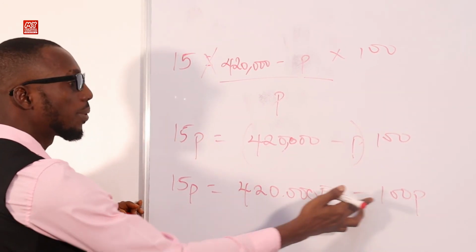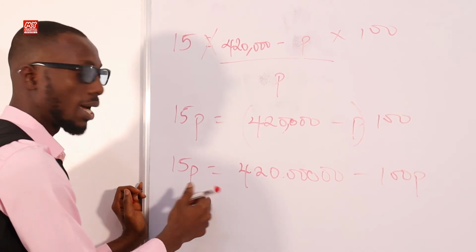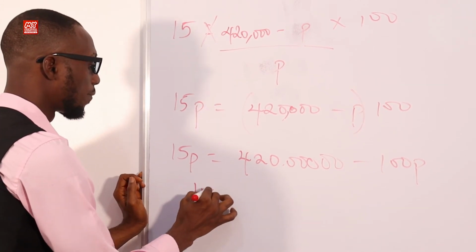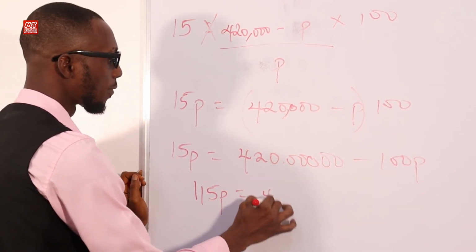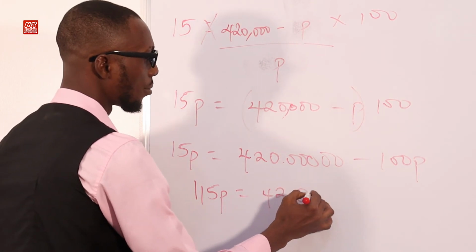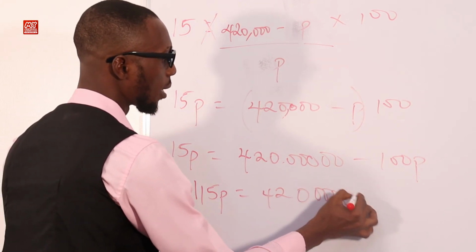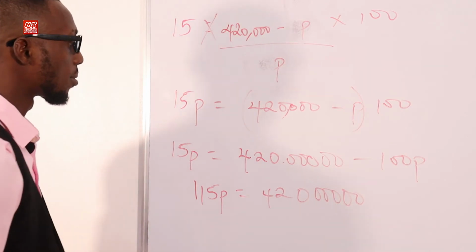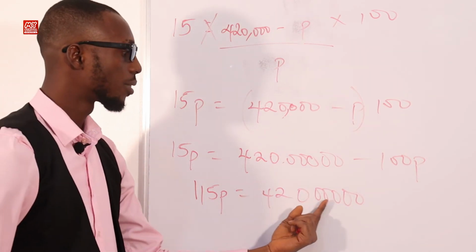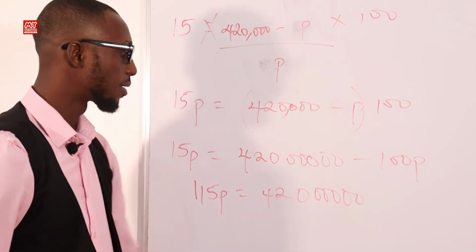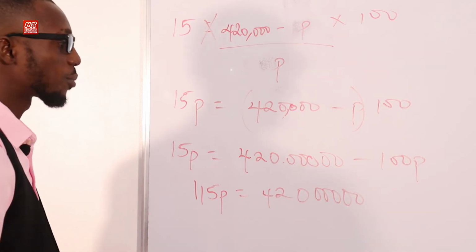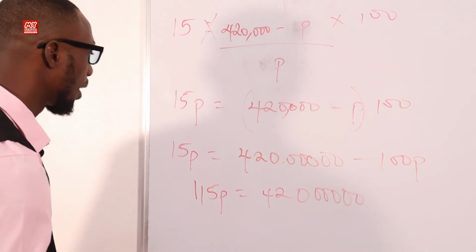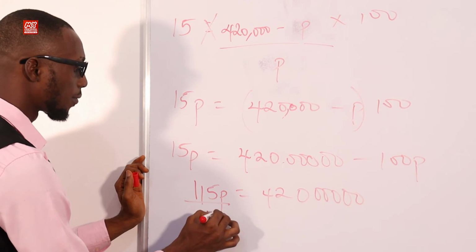So I have 15p plus 100p, that gives us 115p equals 420,000 with 6 zeros, this tells you 42 million naira. Wow. Okay, so dividing both sides by 115.